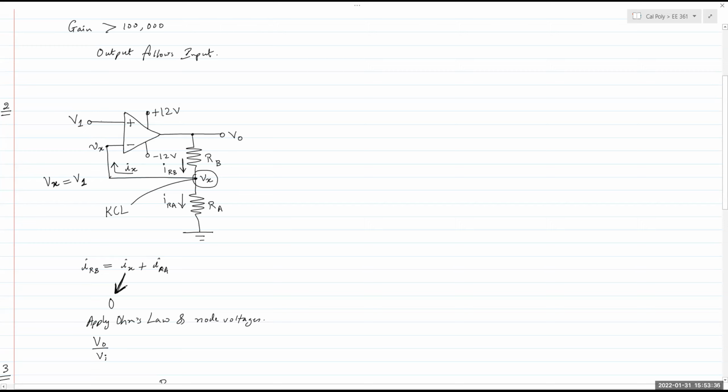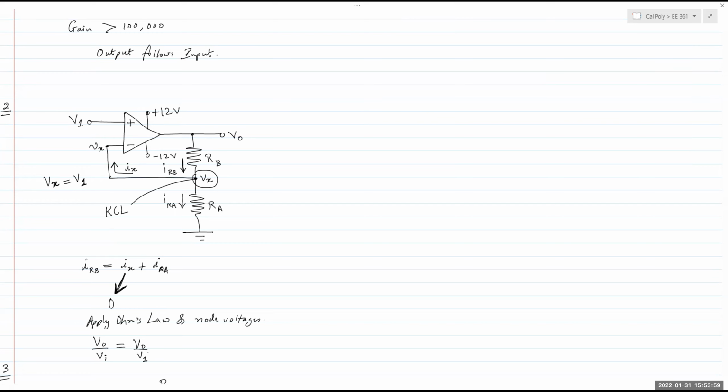Okay. Vx is equal to V1. And so when you find VO over V1, which is actually VI, you would get an equation in terms of RB and RA. Okay, and that's your answer.